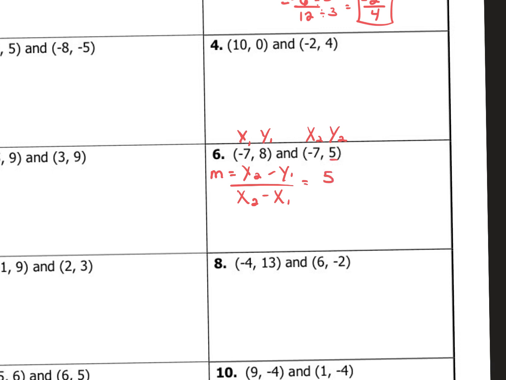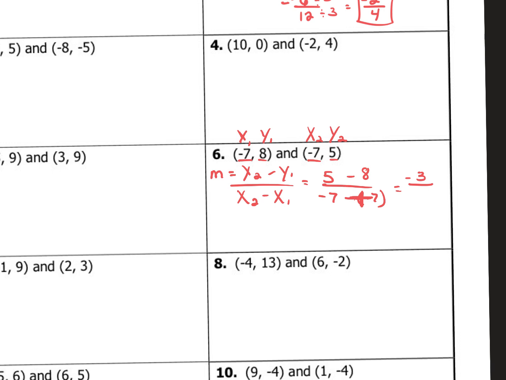y2 is 5 minus 8 over negative 7 minus negative 7. So that is negative 3 over. Now because this is negative, this is negative 7 minus negative 7. This again becomes positive.